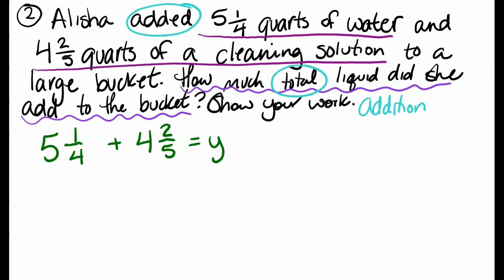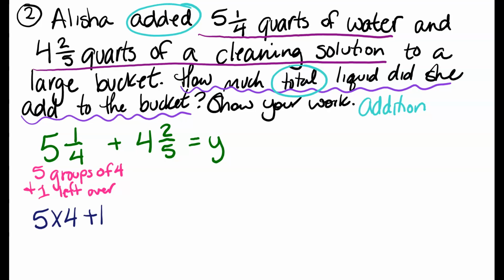First thing I notice is I have mixed numbers here. 5 1/4 tells me I have 5 groups of 4 and 1 left over, which is the same as saying 5 times 4 plus 1. 5 times 4 is 20 plus 1, so 21 over 4.